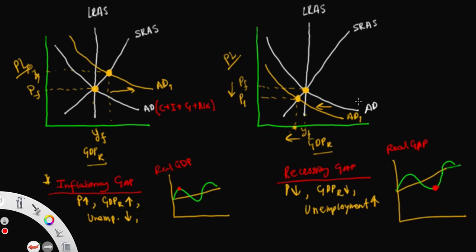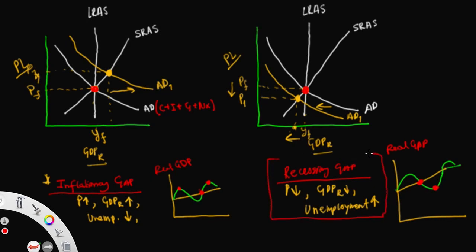And keep in mind that this equilibrium point right here, and this equilibrium point right here, are represented by where the green crosses the orange, where the natural rate of unemployment is. So this is where we are naturally. We would have an increase in our cycle here if there was an inflationary gap, and this would be where we were starting off, and we would be going down if we had a recessionary gap because of these relationships.